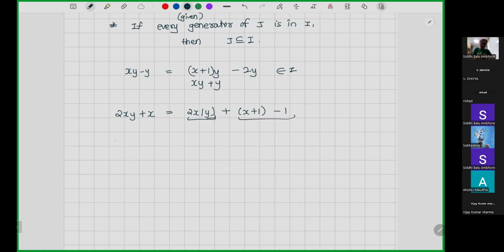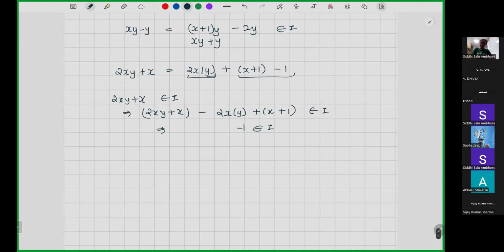If 2xy plus x belongs to I, then 2xy plus x minus 2xy plus x plus y belongs to I. So this implies that minus 1 belongs to I, but which is not true, right? So as we can directly say from here, these two terms are there in I, but this final term doesn't belong to I.